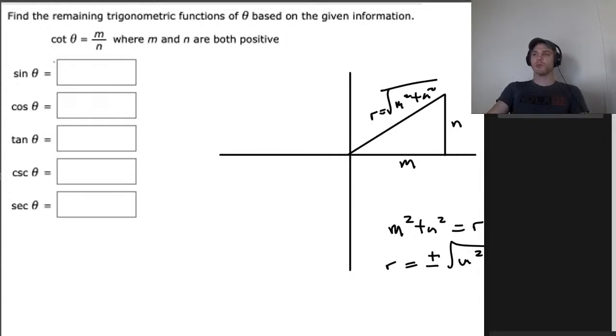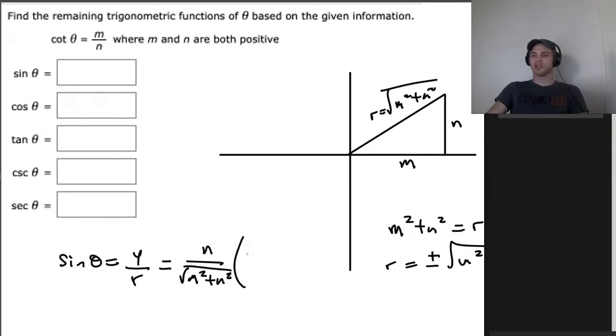So sine is the y over the hypotenuse. And I think that they would actually want you to rationalize this. So sine of theta equals y over r, which means that we got n over the square root of m squared plus n squared.